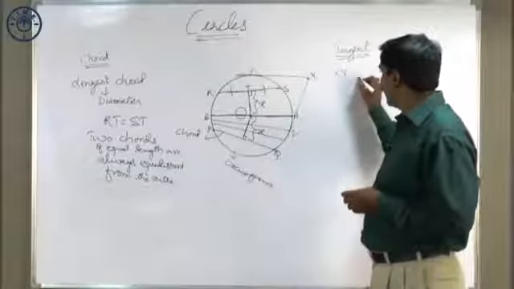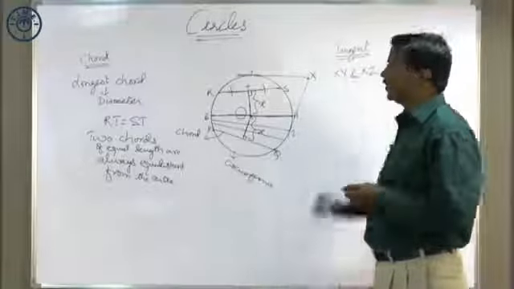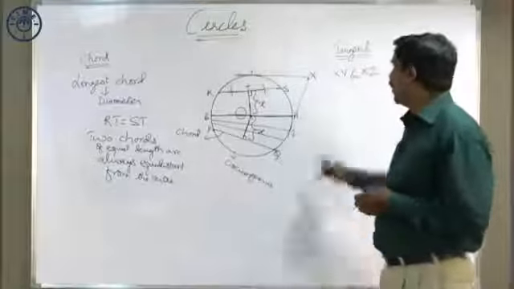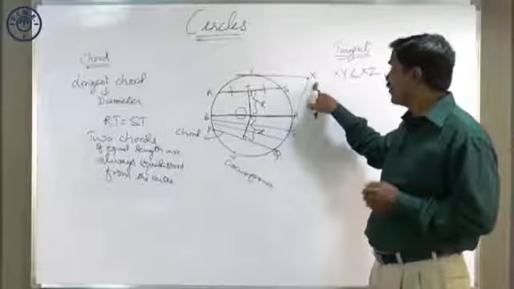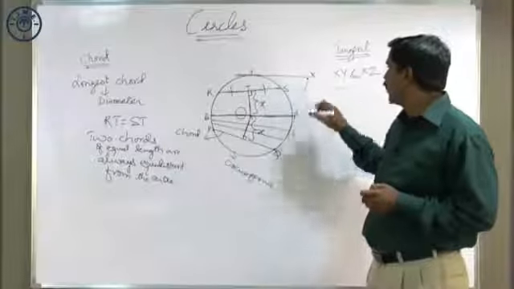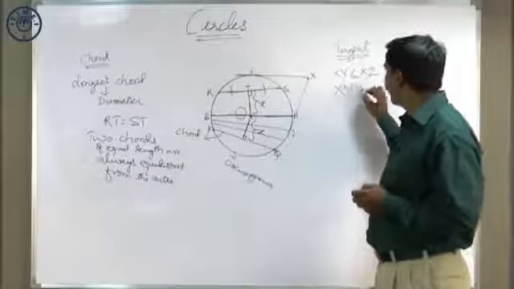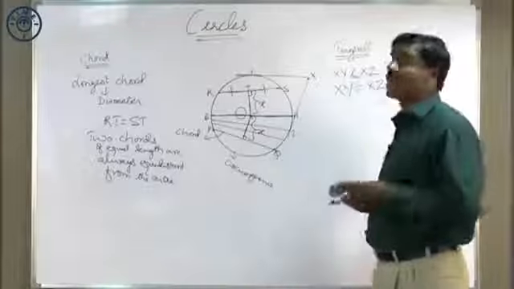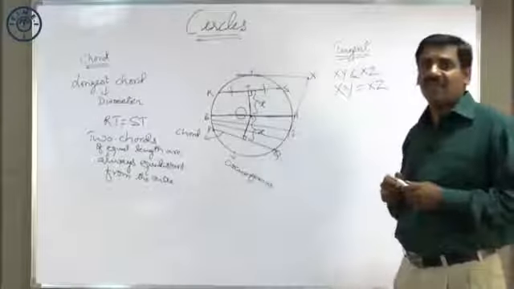XY and XZ are tangents, we can say in this particular case. And one more important aspect here: as they are drawn from the same external point X, they will always be of equal length. XY should be equivalent to XZ, we can say.